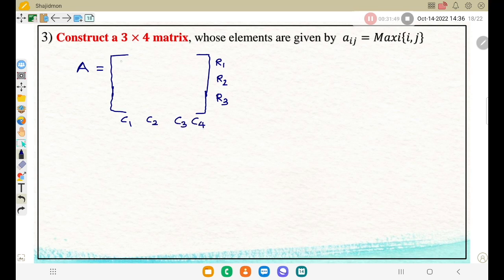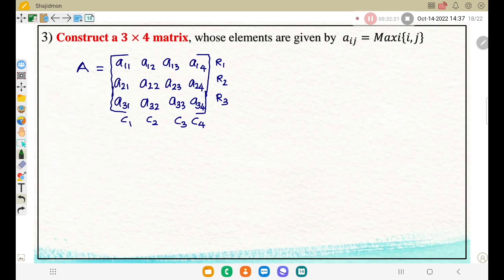So how we are writing the numbers: A11, A12, A13, A14 because 4 columns. Same, A21, A22, A23, A24. Same, A31, A32, A33 and A34, correct? 4 columns, 3 rows.